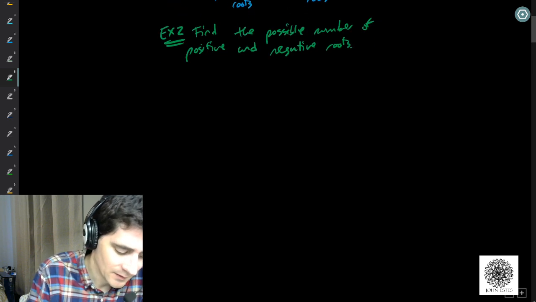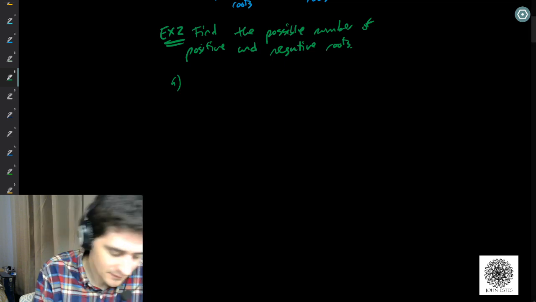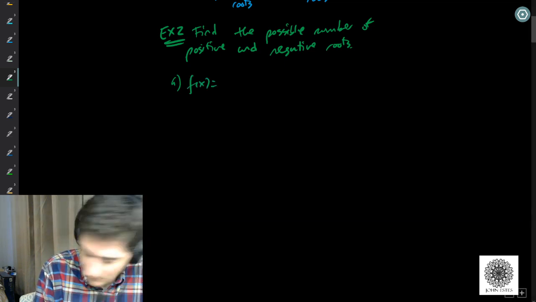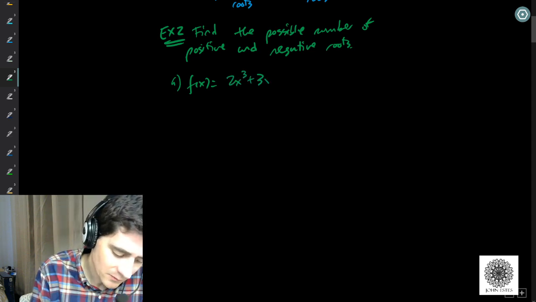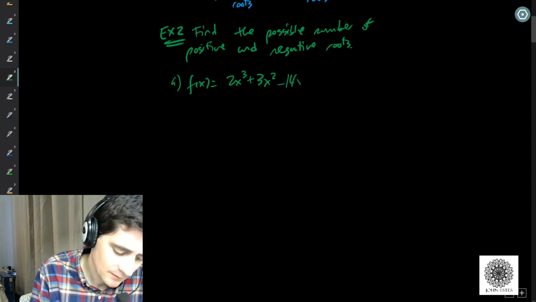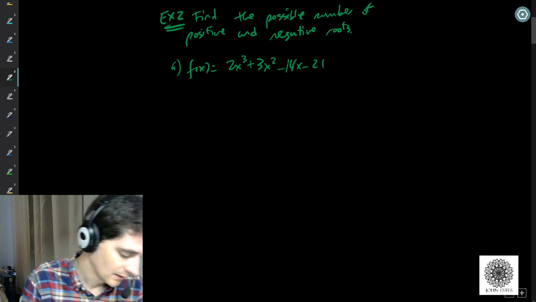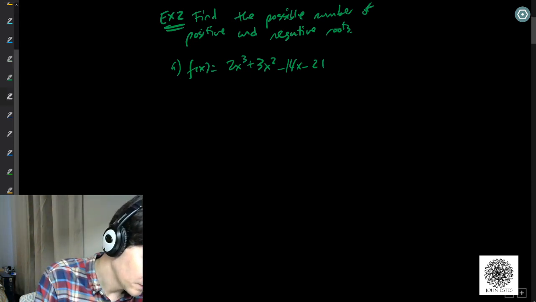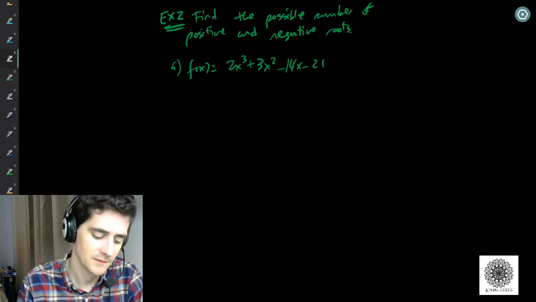All right, and my polynomial here, the first one, we'll do a couple of them. The first one is f of x equals 2x cubed plus 3x squared minus 14x minus 21. All right, so we're going to do two things. First, we're going to look at the sign changes of f of x.